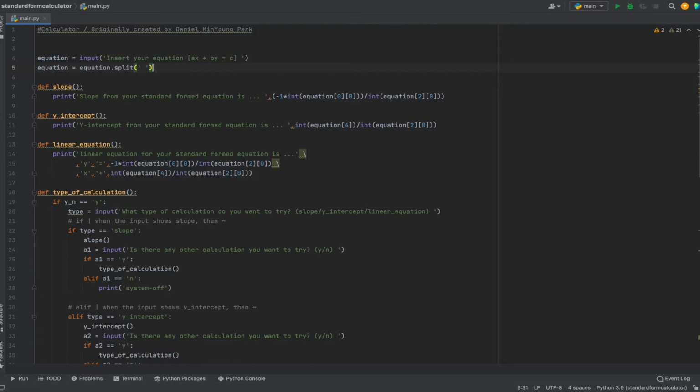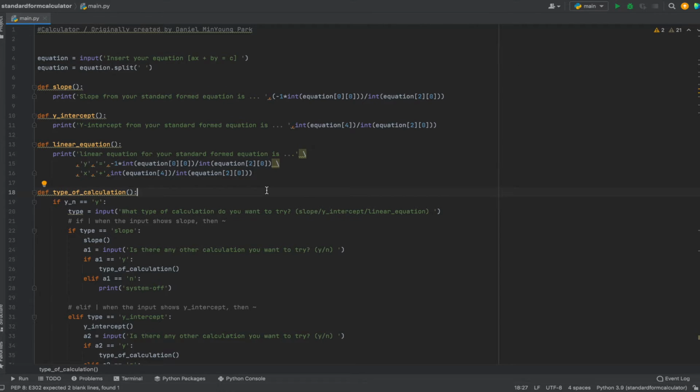What I did was dividing equation 0, 0 by equation 2, 0 and then multiplying it by minus 1. Equation 0, 0 means the value of a, and equation 2, 0 means the value of b. So I'm dividing a by b and then multiplying by minus 1, since a is converting to the right side, which shows the negative value.